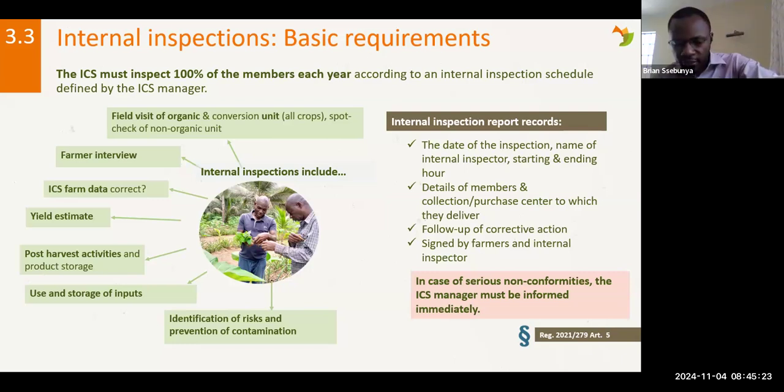But if there are previous corrective actions, the internal inspector should follow up on those and check that they are being implemented. And if there are any non-compliances identified during the internal inspection, they should be part of the report, so that the ICS manager can capture them and take those farmers through the due process, if they need sanction and if they need to implement some measures.